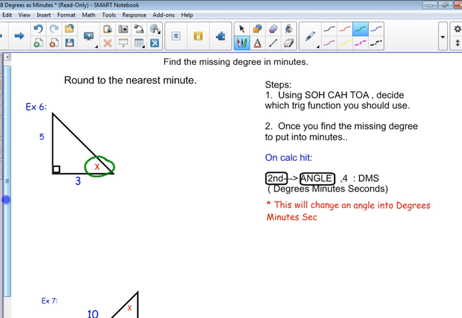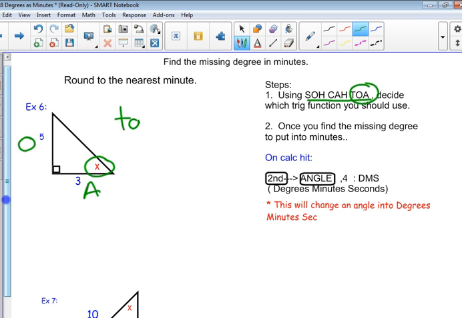How do we know which trig function we use? SOHCAHTOA. Nice, Brett. According to your x, this one's your opposite, this is your adjacent. So we need to use tangent.